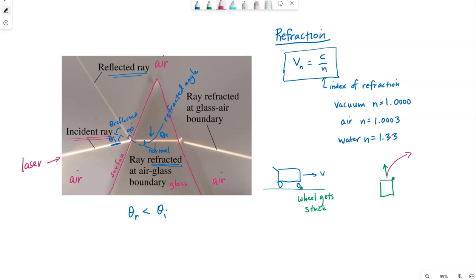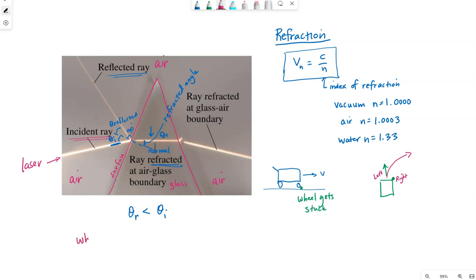And that's because this left wheel keeps going at the rate I was pushing it, but the right wheel gets slowed down. So if the left side's traveling faster than the right side, then there is a change in direction. Kind of a silly analogy, but in general, light, because it is slowing down as it enters this glass, ends up changing direction.